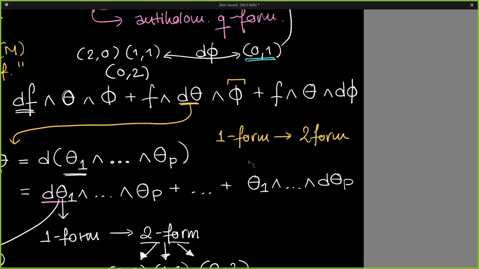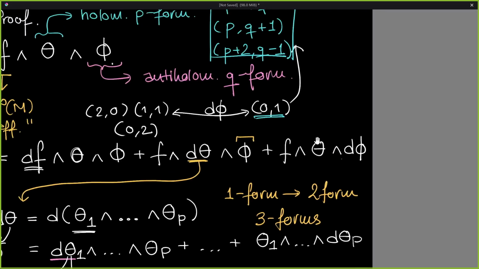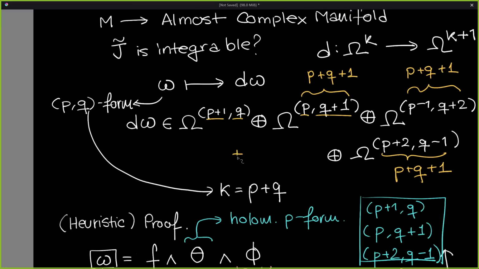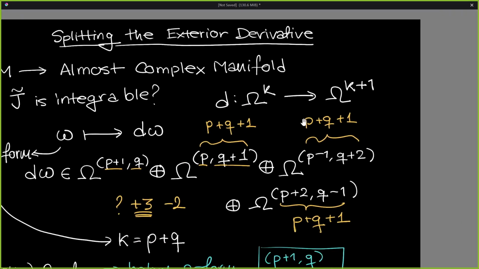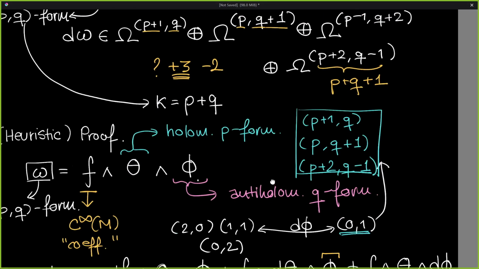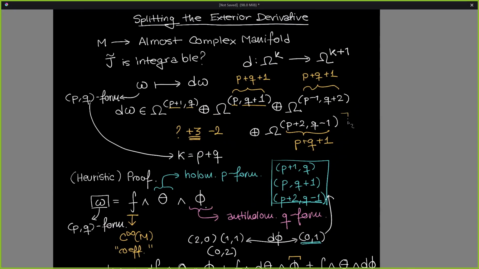There are no 3 forms being made. So the only other way to make p plus q plus 1 is to have a +3 and a -2, right? But where are we going to get a +3 from? We can't, because the exterior derivative is not going to give us a +3. So that's why we're limited to these terms.